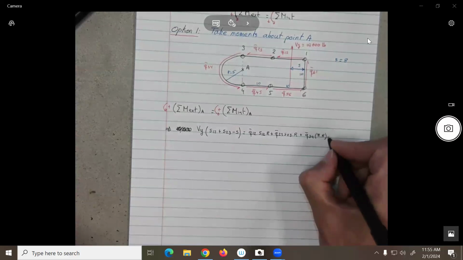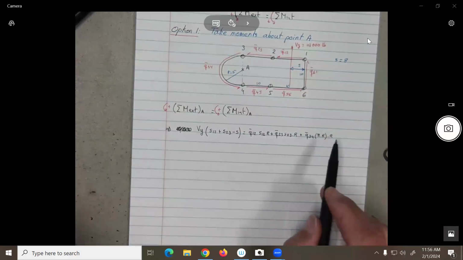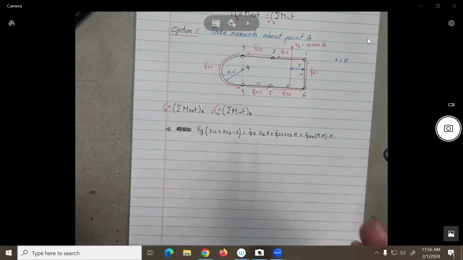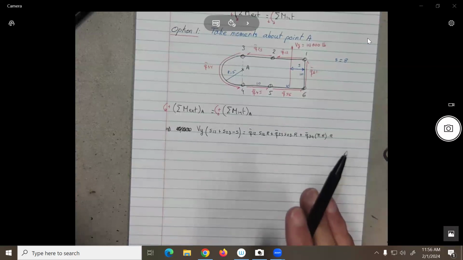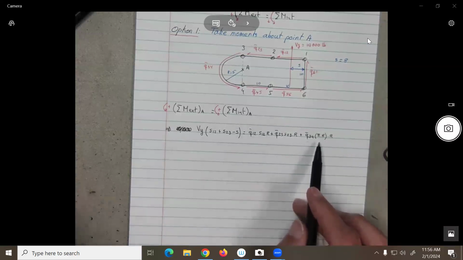And what will be the arm? R. So start thinking about it. What is pi r squared? It is the area, no? Of a circle. So, okay, what would be half the area? It would be A over 2, no? Something like that. Okay, I mean, let's do it this way. Then we'll do the other one, you will see it will be identical.